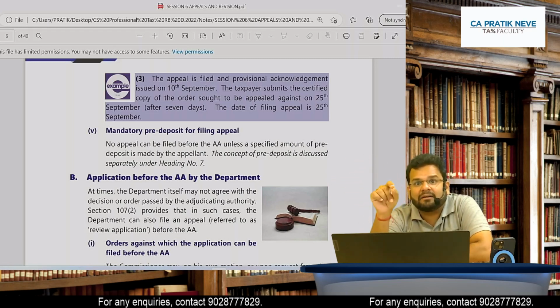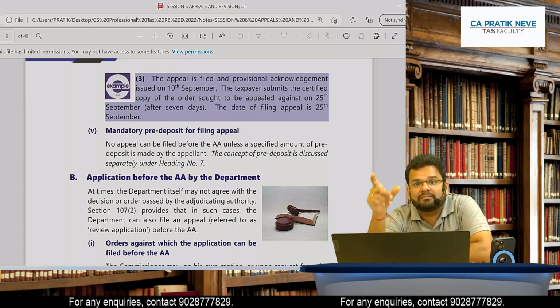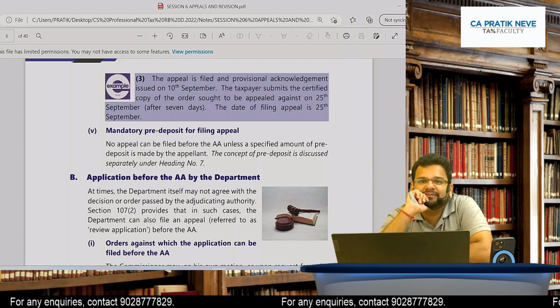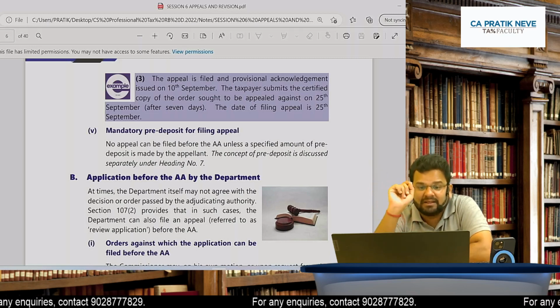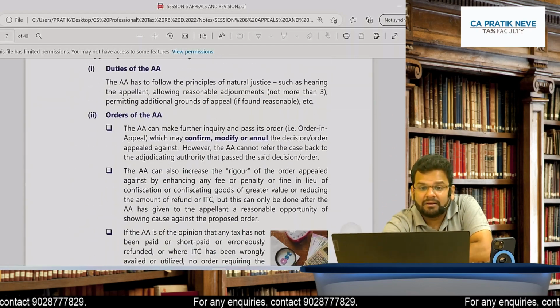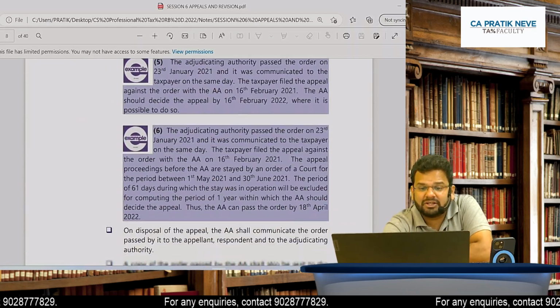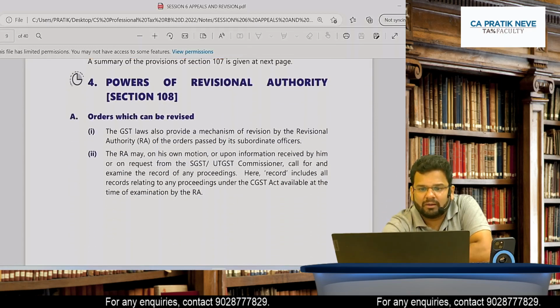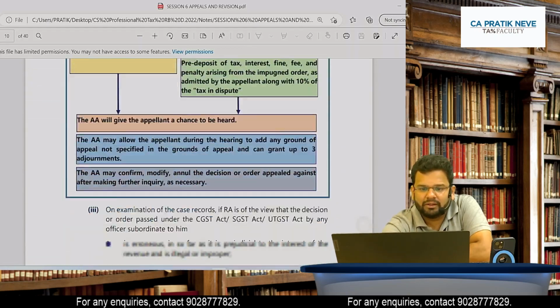Not only that, do you agree that in my example 60,000 rupees is tax under dispute? So you have to remember that you have to pay a certain percentage of that tax under dispute. You come to this point, you will understand.